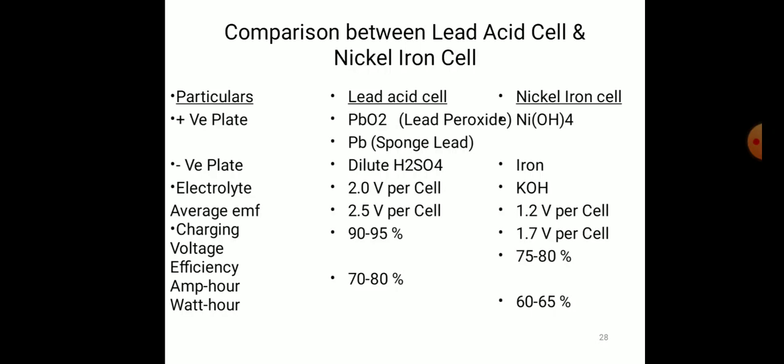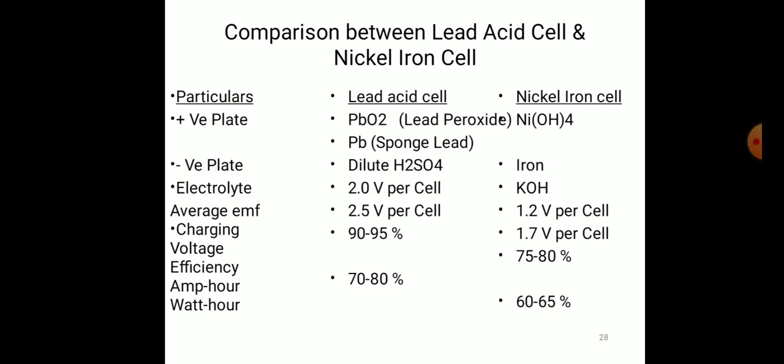Coming to the lead acid cell, lead peroxide is used for the positive plate and sponge lead is used for the negative plate. Coming to the nickel iron cell, the positive plate is nickel hydroxide. The negative plate or negative electrode we are using in the nickel iron cell is iron.